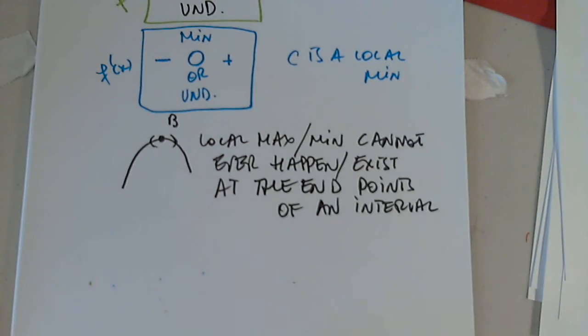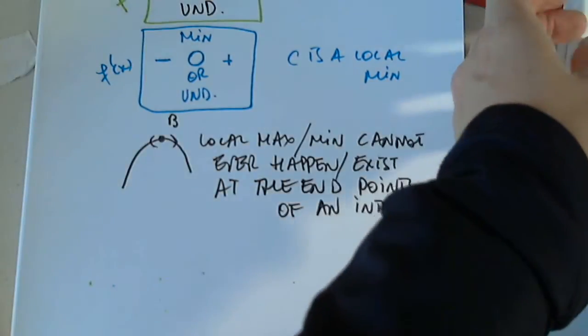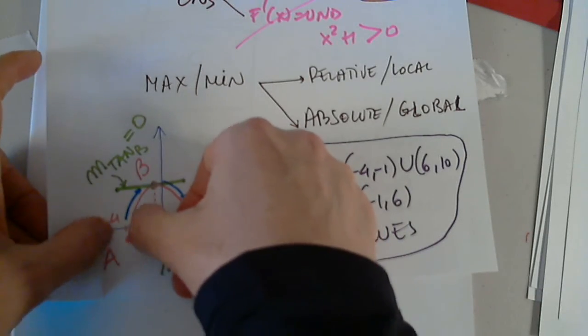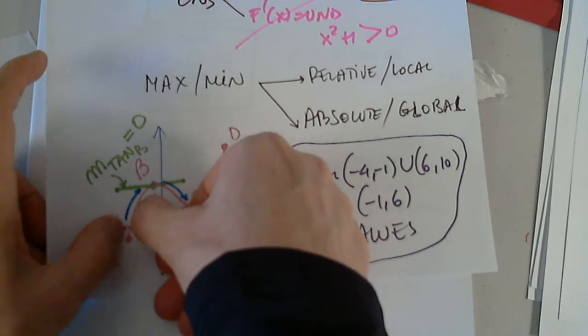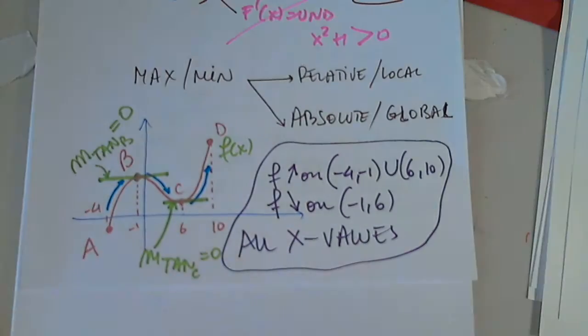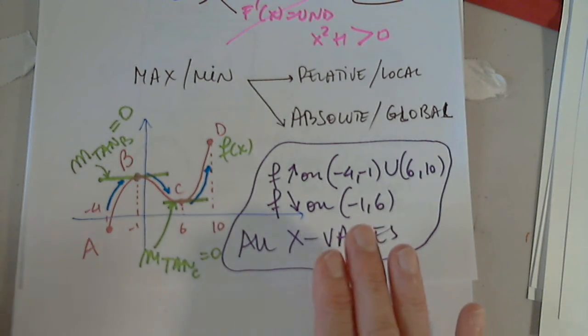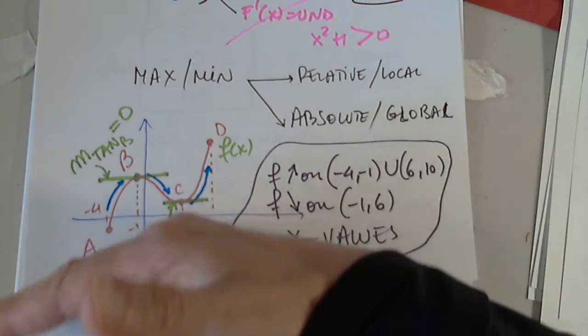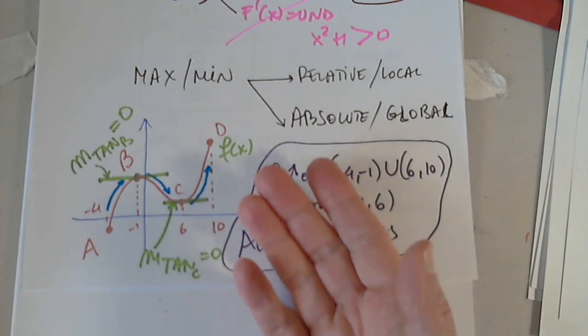Why? Because I cannot show the open interval. Here I cannot show the open interval. The function exists on this side, but does not exist on this side. So A is not a local minimum, but it's the absolute. Why is it absolute? Because it's the smallest y value possible for this function.